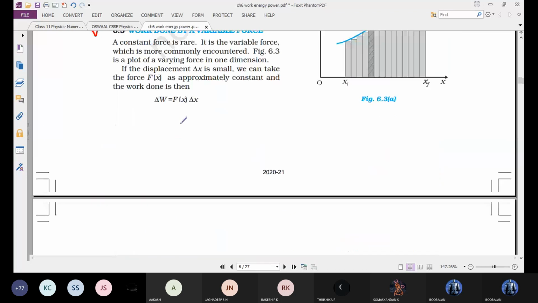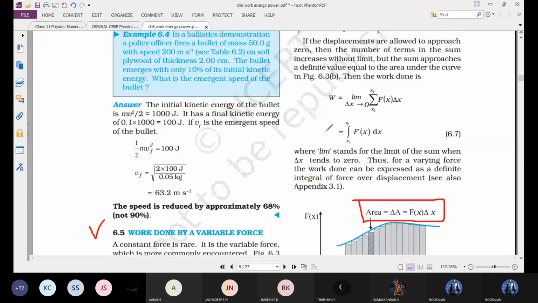Finding the work done. The formula W is equal to integral from xi to xf of F(x) dx. That is the limit.